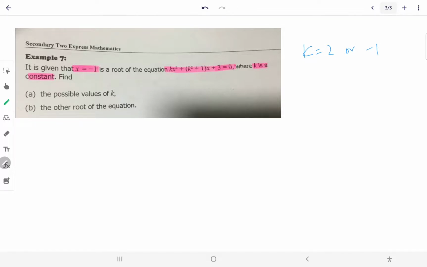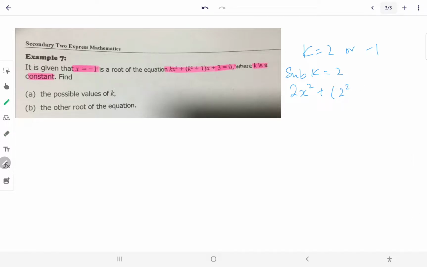Let's write down here. So we use k equals 2, then we'll have 2x squared. If we sub k equals 2, we'll have 2x squared plus, because we already substituted in, let's write it properly.